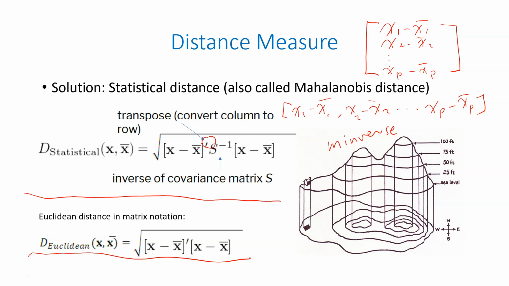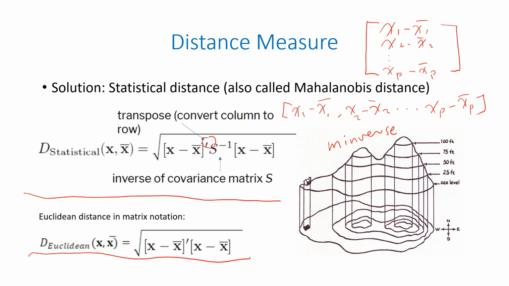Euclidean distance is the square root of the product of the transposed matrix of the differences between the individual values and the means, and the matrix of the differences between the individual values and the means.